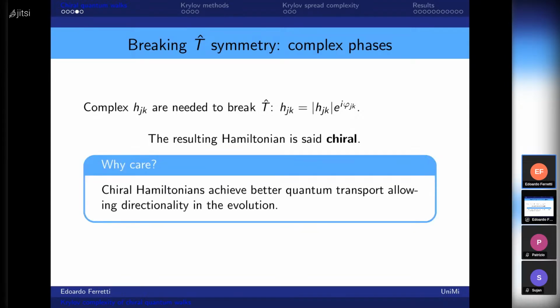This possibility has already been studied in the literature, and for specific topologies, the introduction of phases allows us to achieve better transport, for example in the quantum switch, which we will see later.